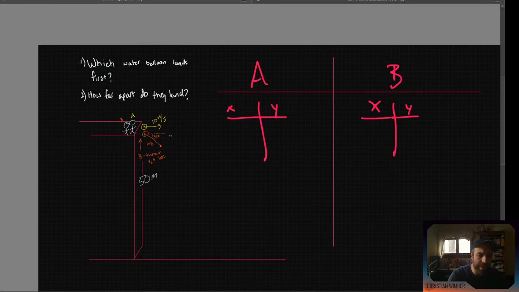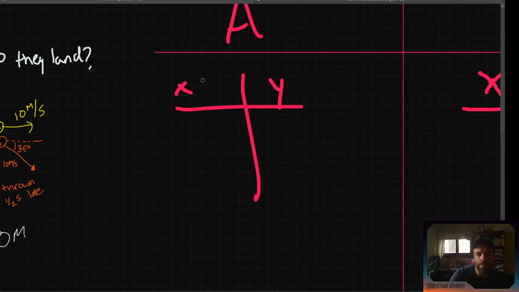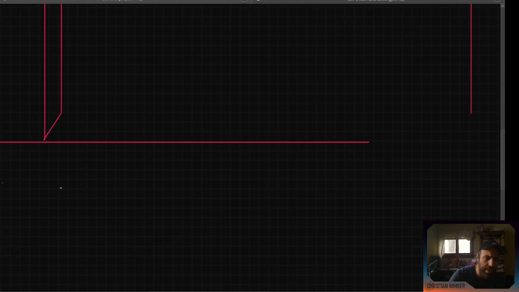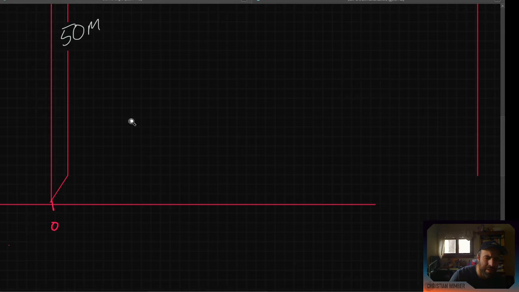So like I said, we're going to split this into two separate problems. Person A, we don't know what time the balloon lands. We do want to know that. We know that person A's balloon starts off at, well, we're just going to call this spot 0 right here.